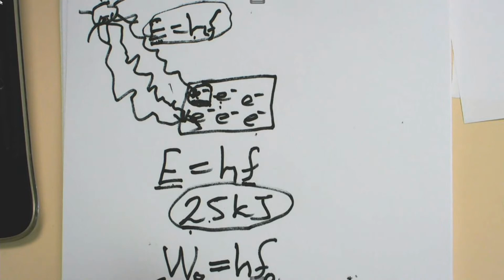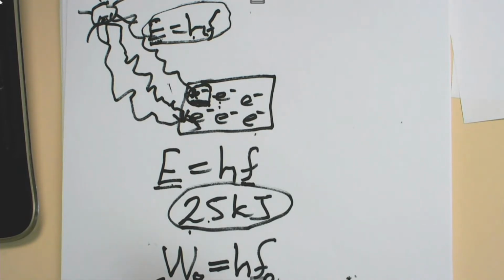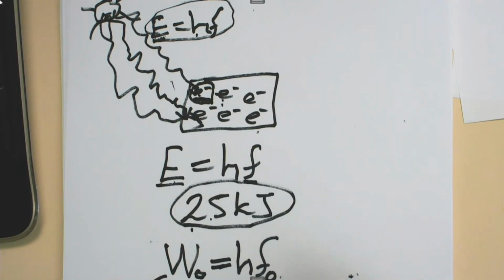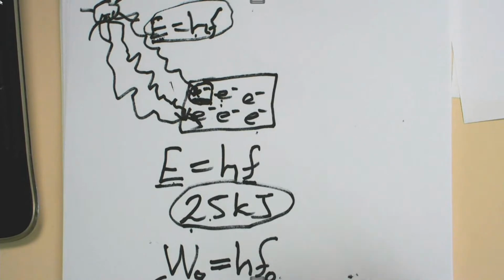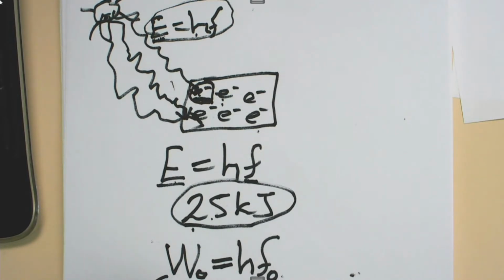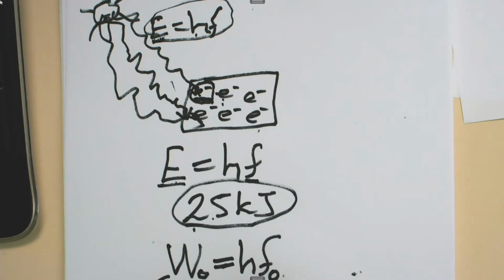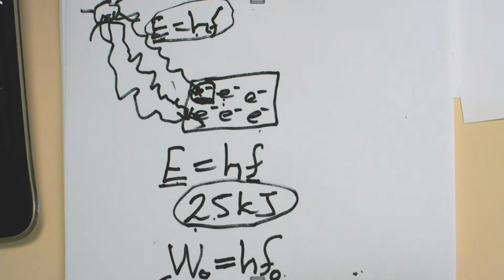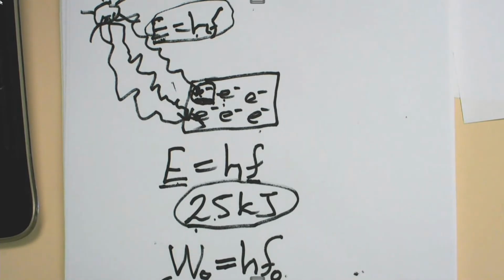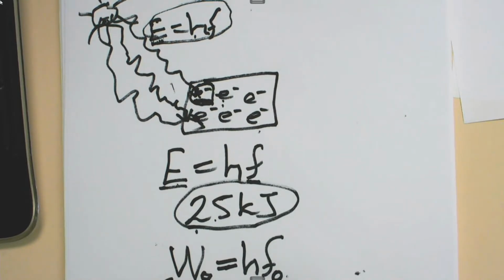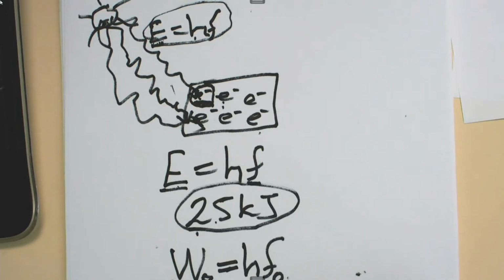This work function is defined as the minimum energy needed to eject electrons from the surface of the metal.